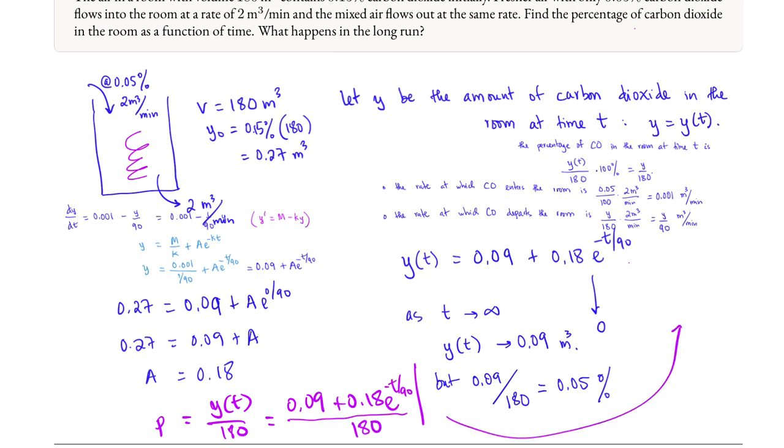We obtain a new function, p equals 0.05 plus 0.1 e to the negative t over 90 percent. Here, as t goes to infinity, the second term goes to 0, and we get the percentage to be 0.05%, which is the same as what we got earlier, 0.05%.